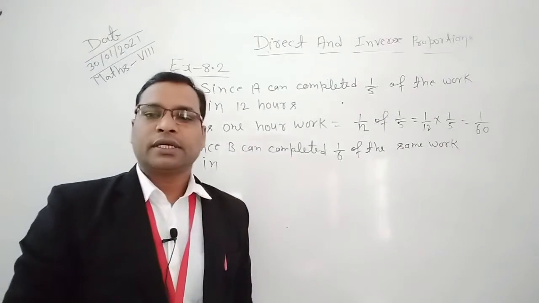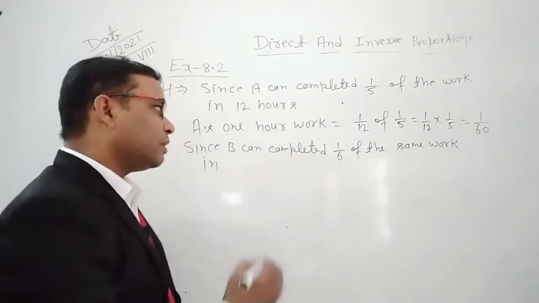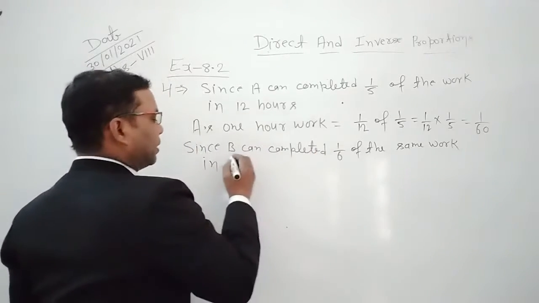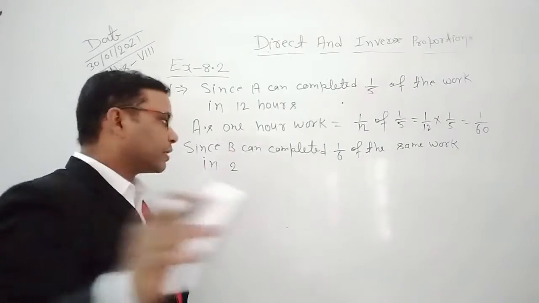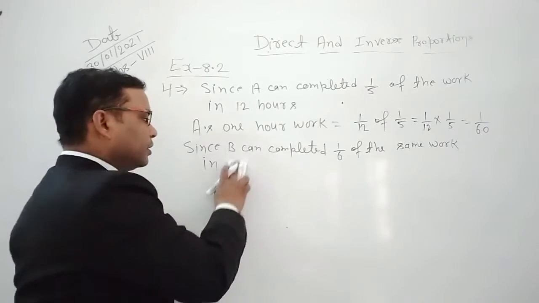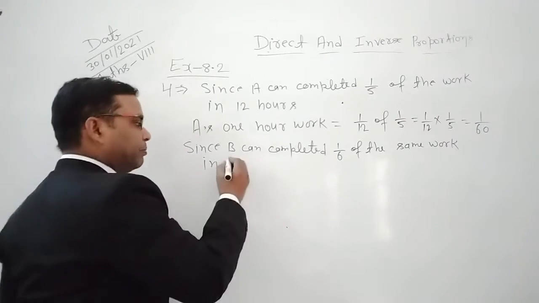B takes 15 hours to do 1 by 6 part of the same work. Okay, here we write 15 hours.